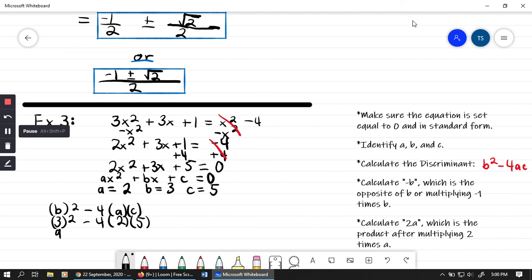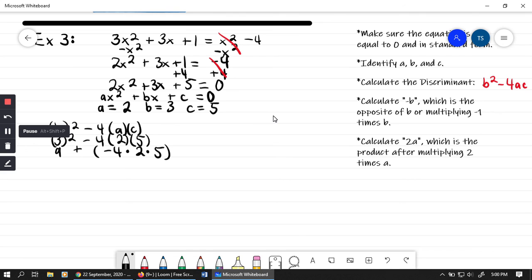And then you multiply -4 times 2 times 5, which gives us -40.